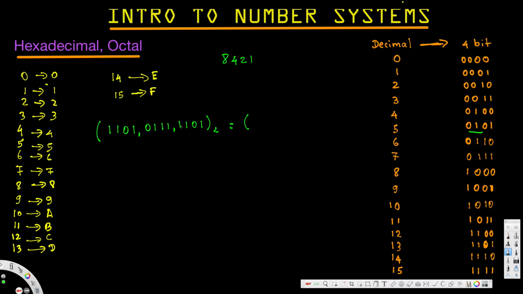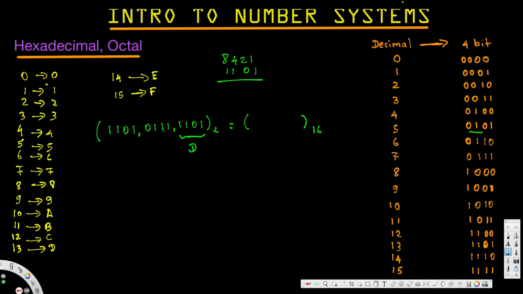Like we have 1101, which is 8, 4, 2, 1. So 8 plus 4 is 12. We don't have any 2, so 12 plus 1, that's 13, right? 13 in hexadecimal is equal to D. So we replace this one with D. Okay, we are converting to base 16.